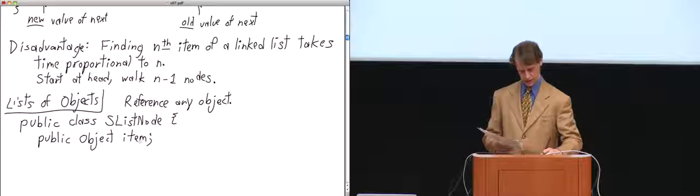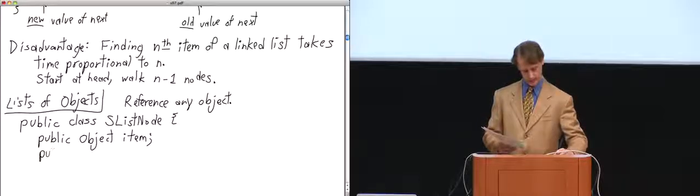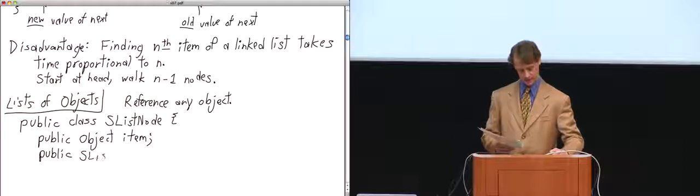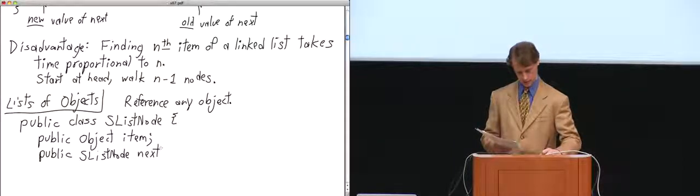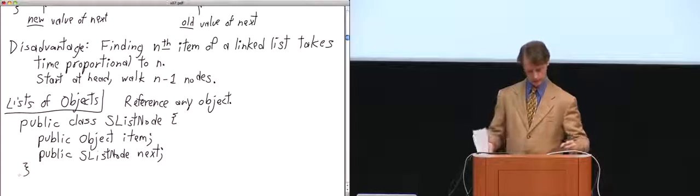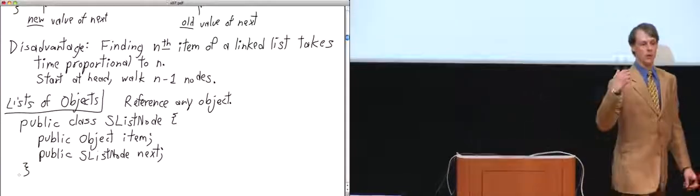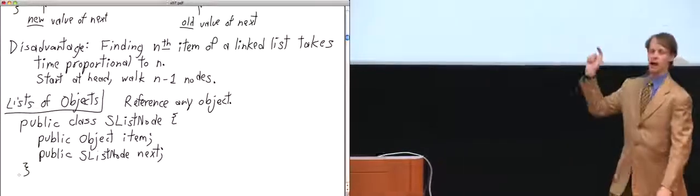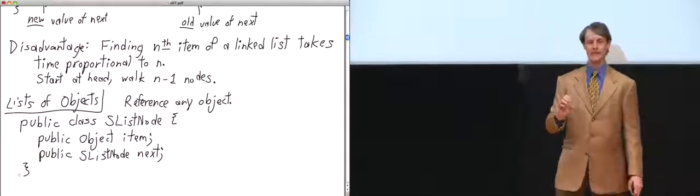So just one little change here. Item is not an int anymore. Item is now of type Object with a capital O. So technically, Object is not actually a Java keyword.